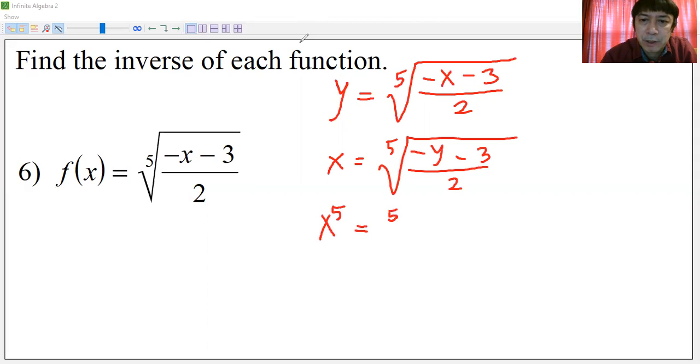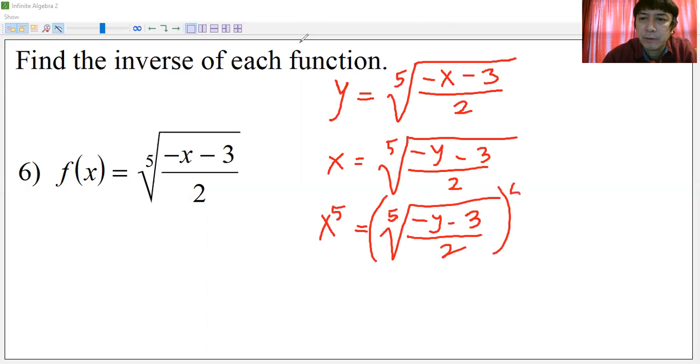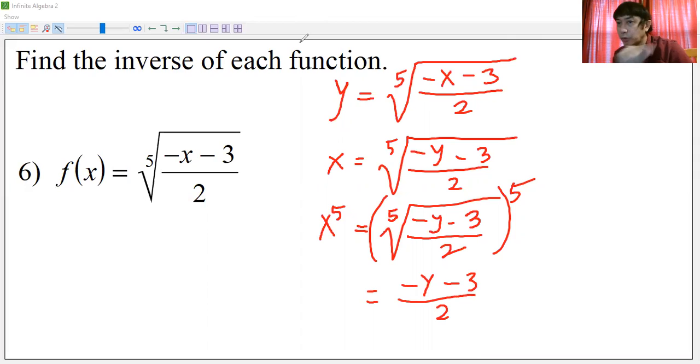And the right side is fifth root of the quantity negative y minus 3 over 2. We're going to raise this to the 5 like that. And so the right side becomes just the radicand, negative y minus 3 over 2. Remember the fifth root cancels out with the raised to the 5. So that becomes the right side, and this will become x to the 5 there.